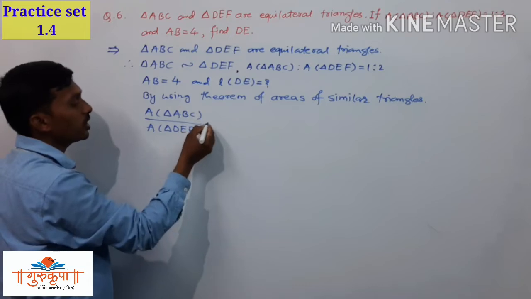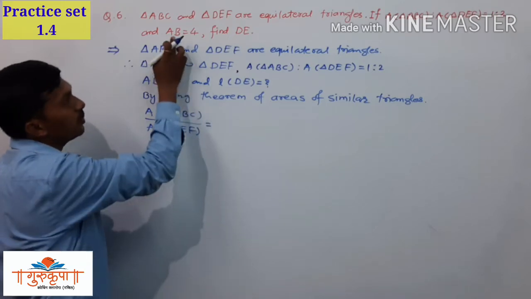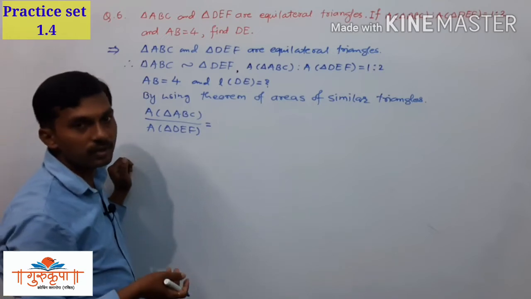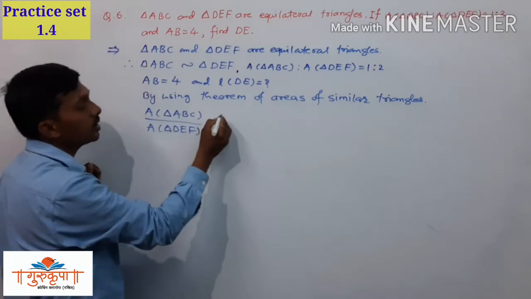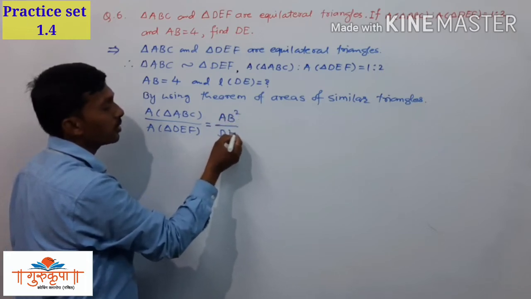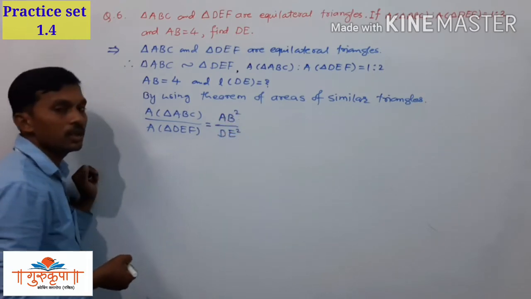Which corresponding sides do we have to use there? AB and DE. Since AB is given and DE we have to find, we have to use those sides only. So here we can write AB square upon DE square.